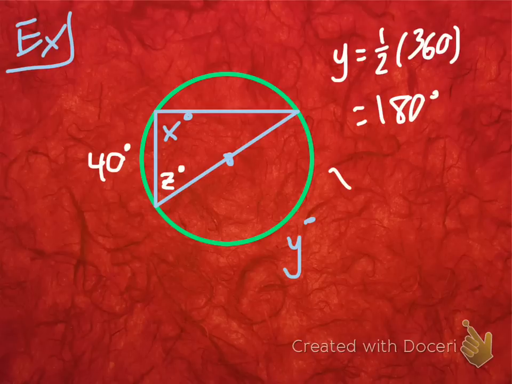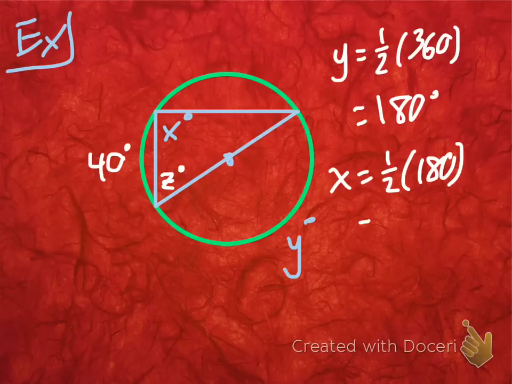So x then is half of that arc length because the central angle that forms this arc is a 180 degree angle. So x is half of 180, which gives you 90 degrees, which means we actually have a right triangle here.